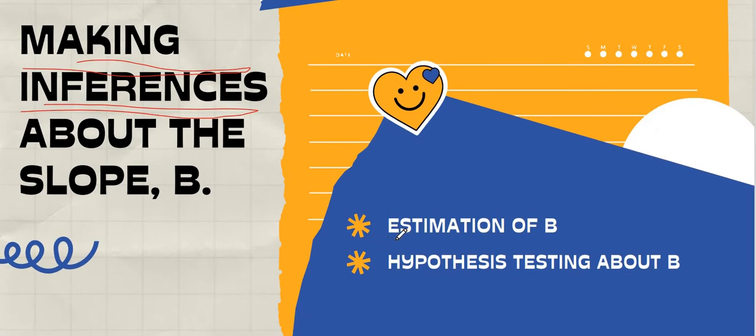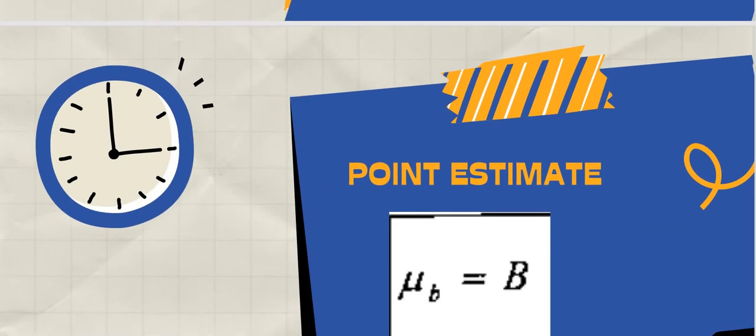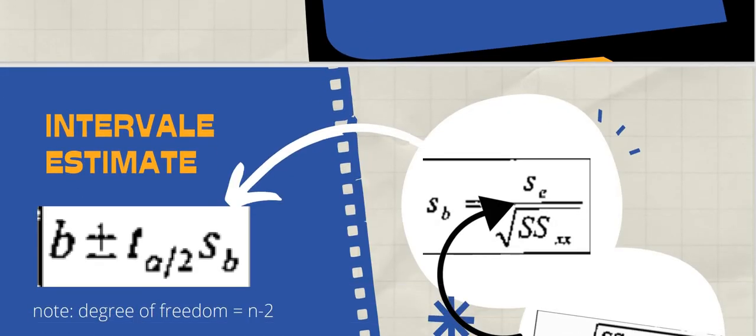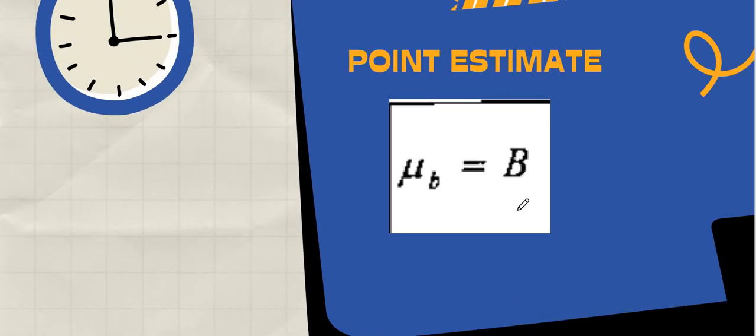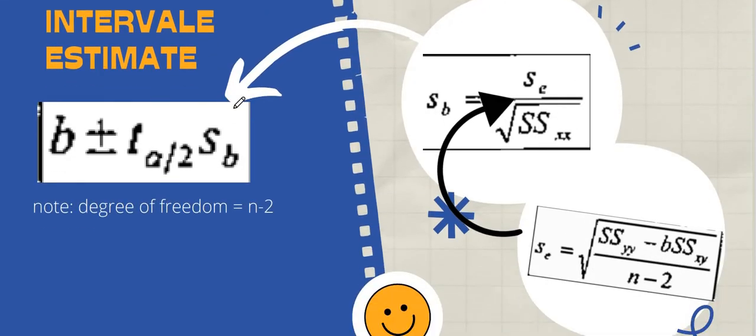We are still in estimation, but now it's not estimation of mean or proportion, it's estimation of slope b. It's similar: we have point estimate and interval estimate. This is the equation for point estimate, and for interval estimate this is the equation we use.